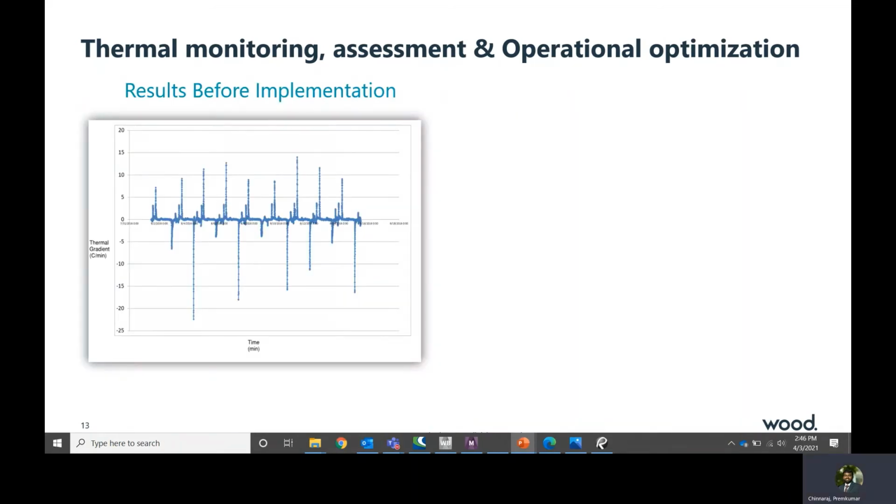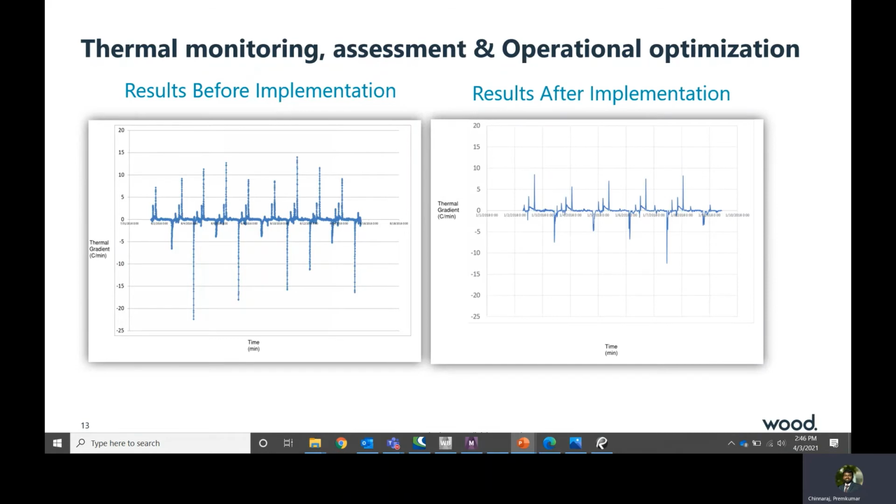The chart shown on the left side corresponds to thermal gradients measured right after startup, which is severe during both coking and quench. The chart shown on the right side shows thermal gradients for the same coke drum after implementing our recommendations. As explained in the previous slide, increasing the temperature at the end of preheat helped in significantly reducing the thermal gradients during coking.